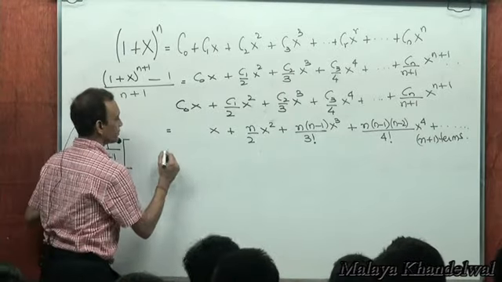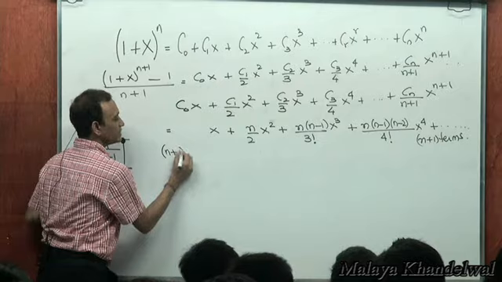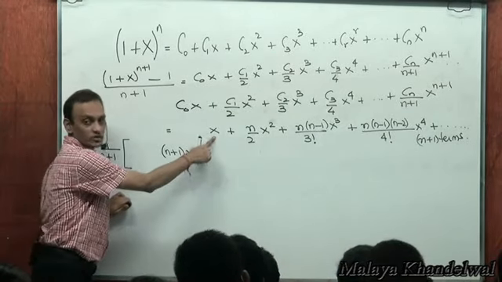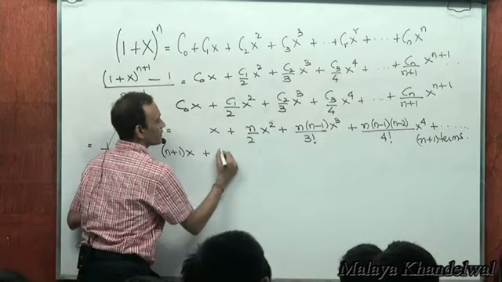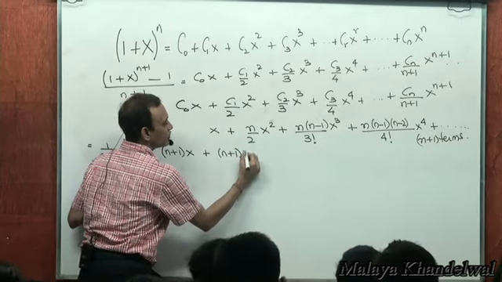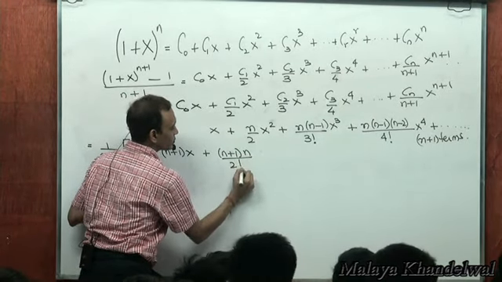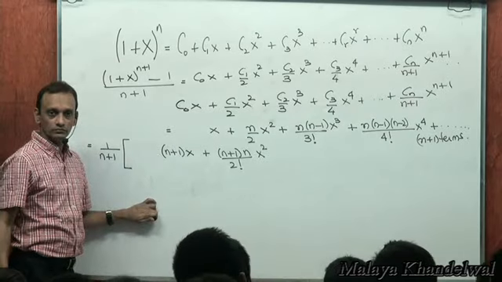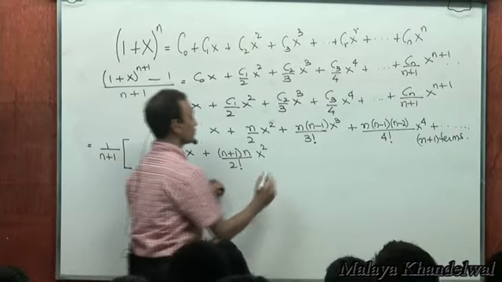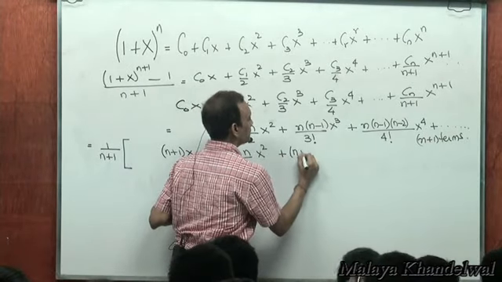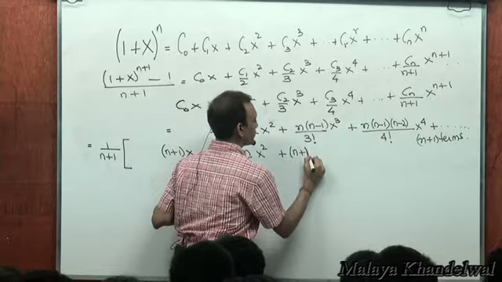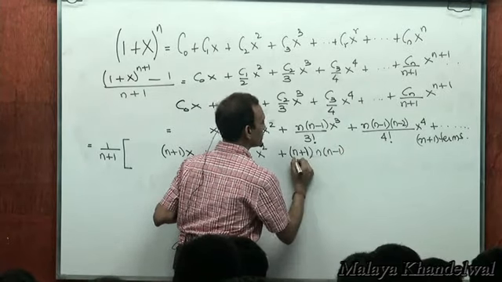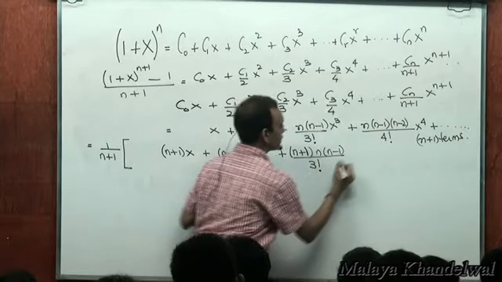Then I end up getting n plus 1 into x, n plus 1 into n by 2 factorial x squared, n plus 1 into n minus 1 by 3 factorial x cubed.